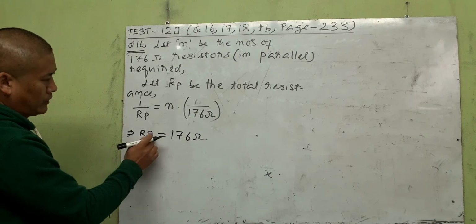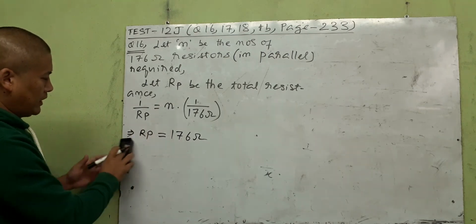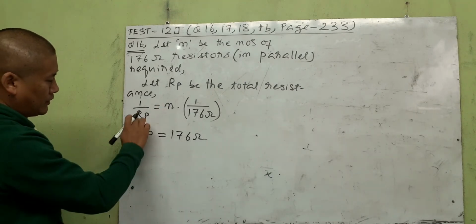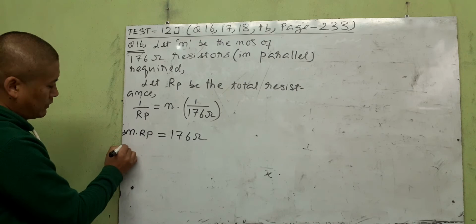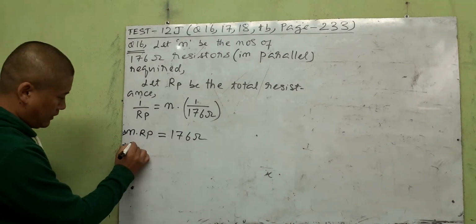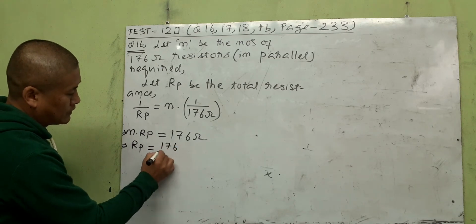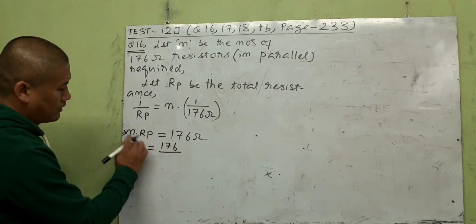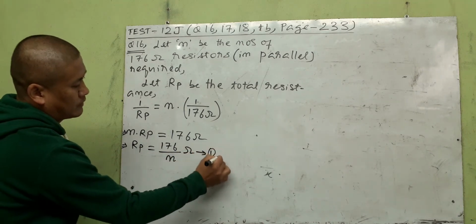And then this n, if you cross multiply, n into Rp. So that is what we're going to get. Next step, slight arrangement, and Rp will be equal to 176 divided by n ohms. Let's just keep this one as equation 1.